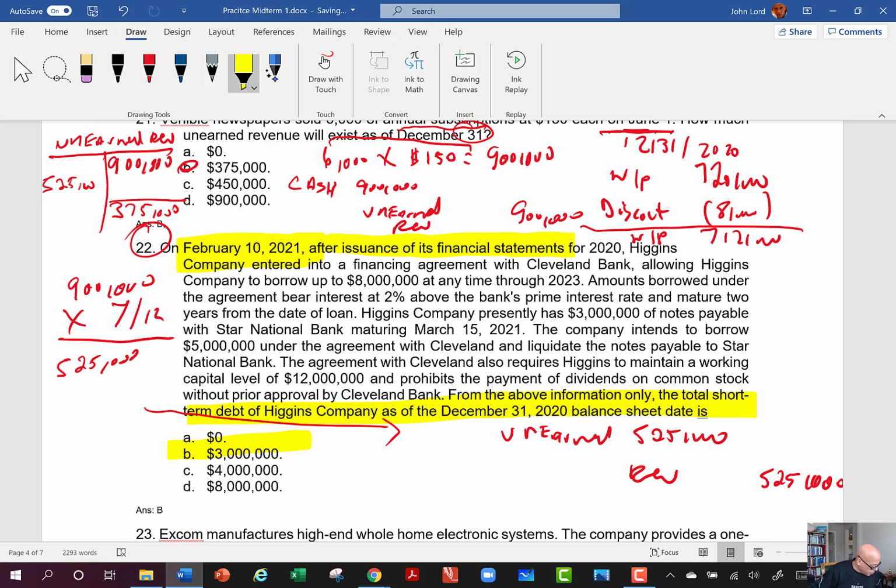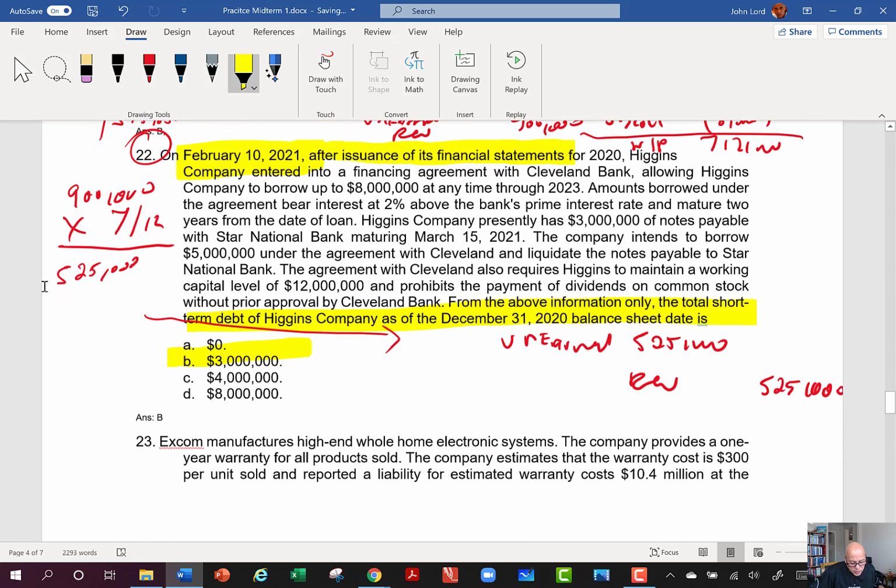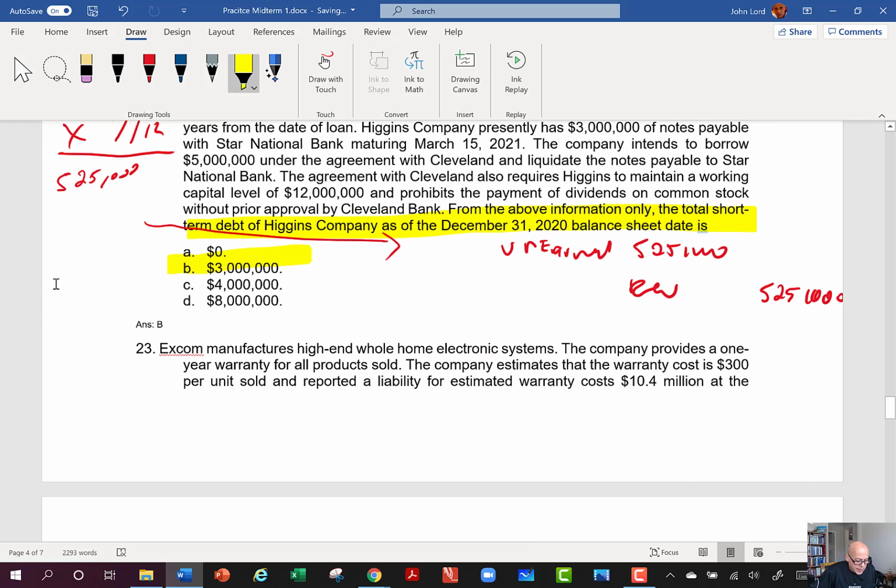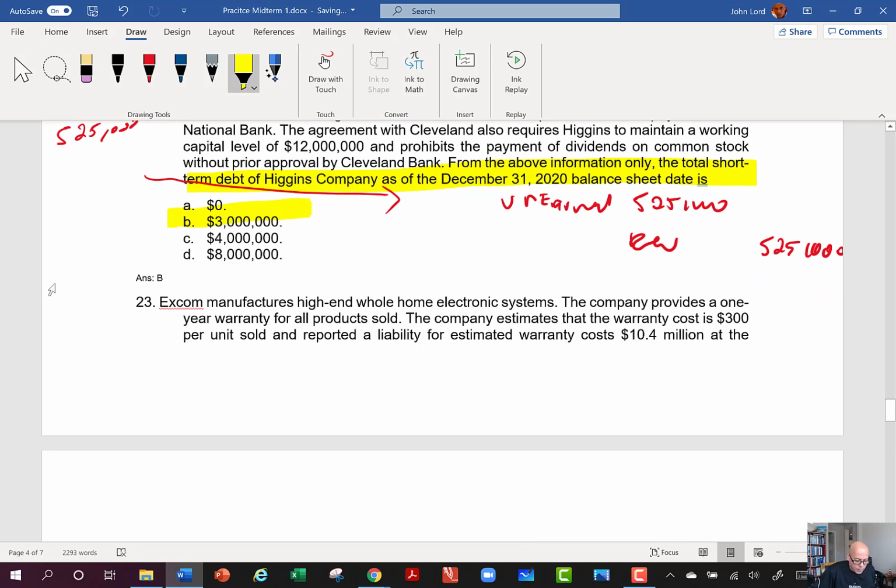Okay? Okay, good. Let's take a look at XCOM. Manufacturers, they manufacture these home electronic systems. The company provides a 1-year warranty for all products sold.